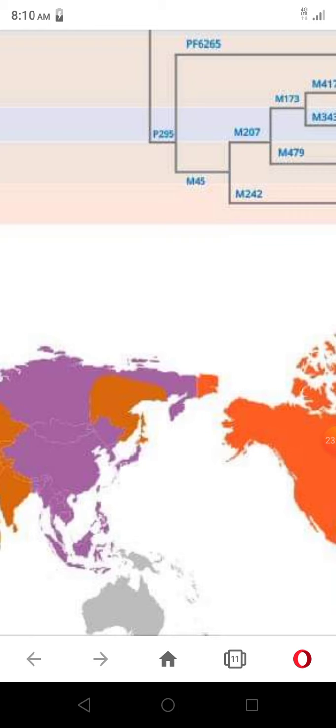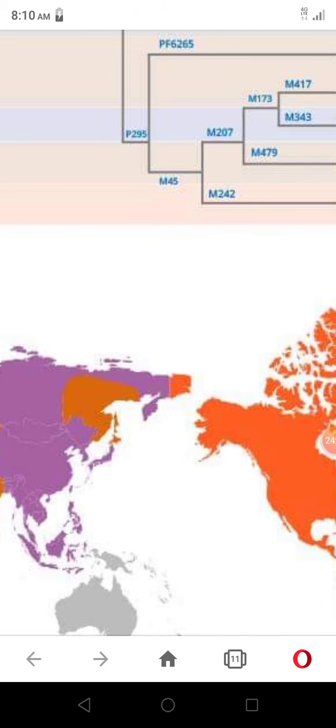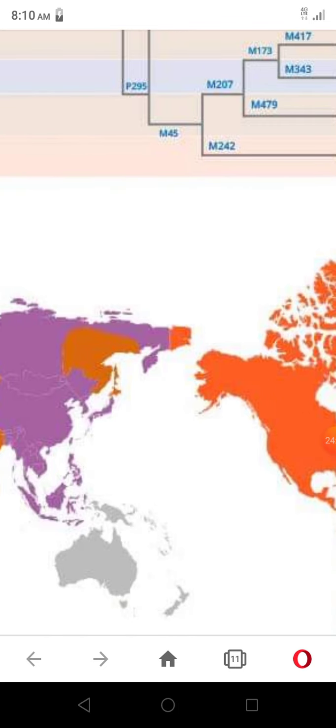So they linger in some parts of Asia on the mainland, but other than that, you have the K1 and the K2 grouping of people in the Pacific.